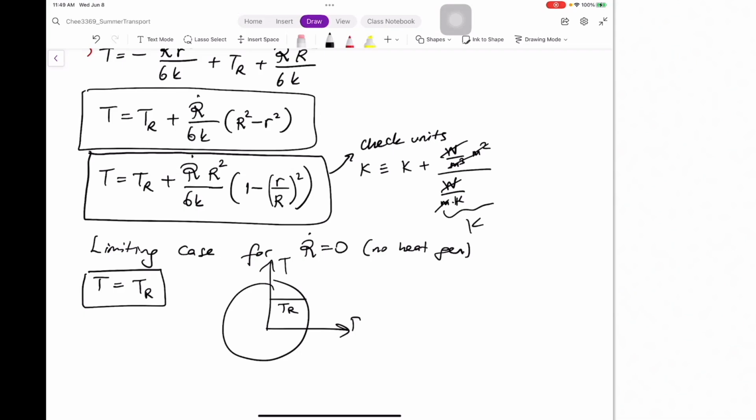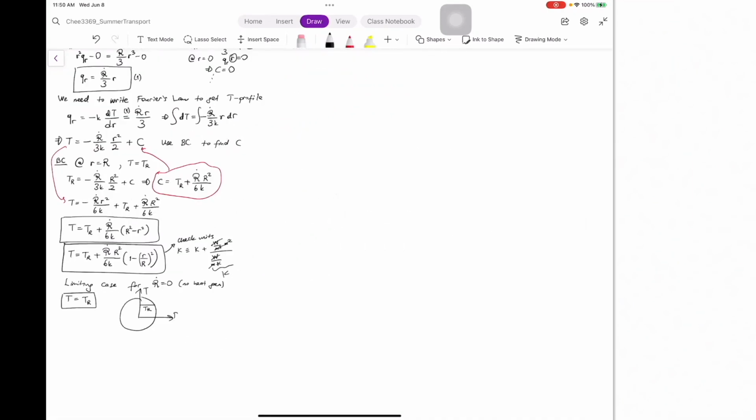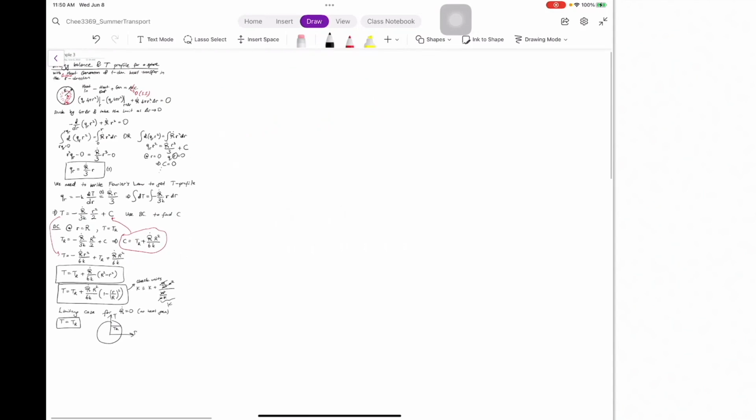But if you have heat generation, it should lose whatever it has to the surrounding environment, right? And you can calculate also how much heat it's actually losing.